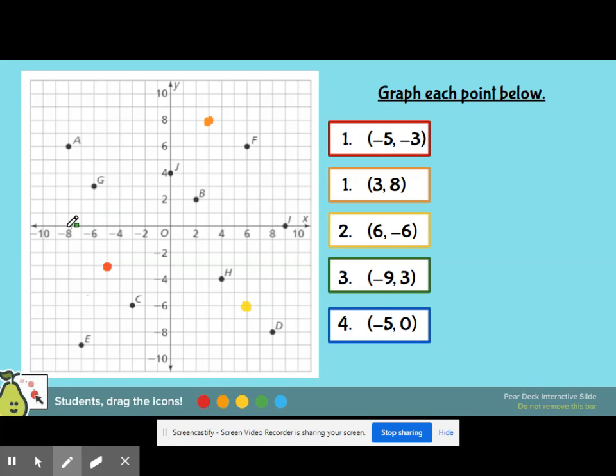That means we go backwards 9, which is in between 8 and 10, and up 3. One more. Backwards 5, so that's in between 4 and 6, up 0. So that one is on the x-axis. Looks like a cross, so it goes across. So that was graphing our points. Okay, you always have to shuffle on the carpet before you can climb the stairs, just like our YouTube video showed us.